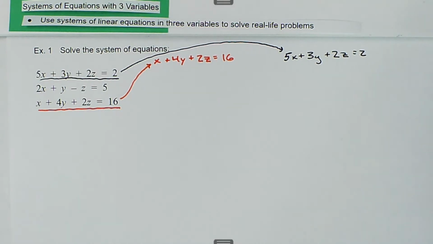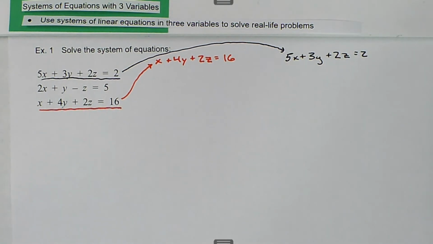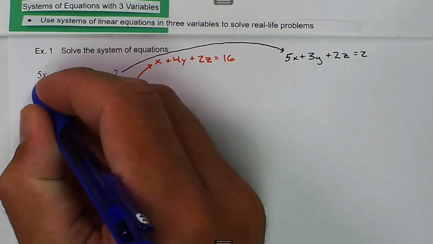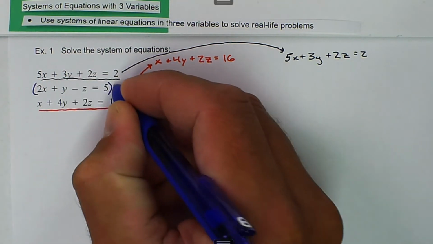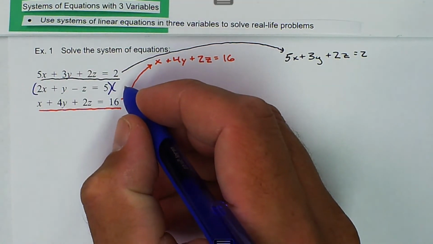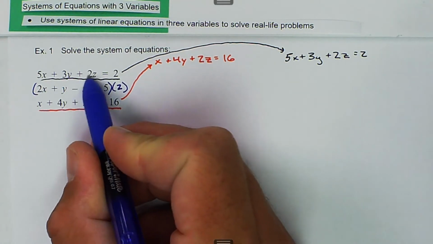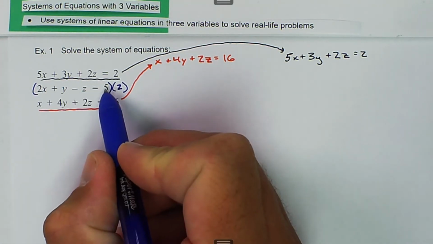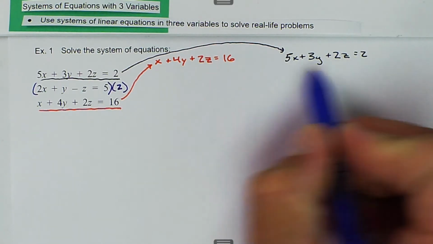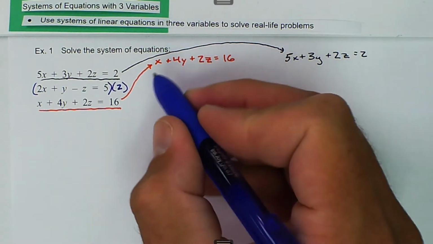And now we have to take this middle equation and try to eliminate that z. So what we're going to do is multiply this middle equation by 2, because it's already negative and we want to get rid of those. So we're going to multiply by 2, and we're going to eliminate the z from both equations.